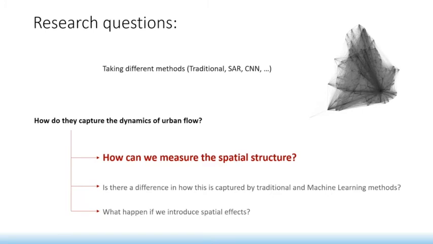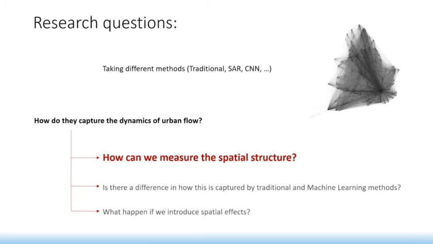Well, there are several methods used to evaluate the predictive performance of spatial interaction models. Some are more traditional, such as the R-squared or root mean square error, and some are less traditional but more suitable for flow data, such as the Sorensen index or common part of commuters. Although these methods show us clearly the predictive accuracy of the models, they do not tell us anything about the spatial structure of the flows.